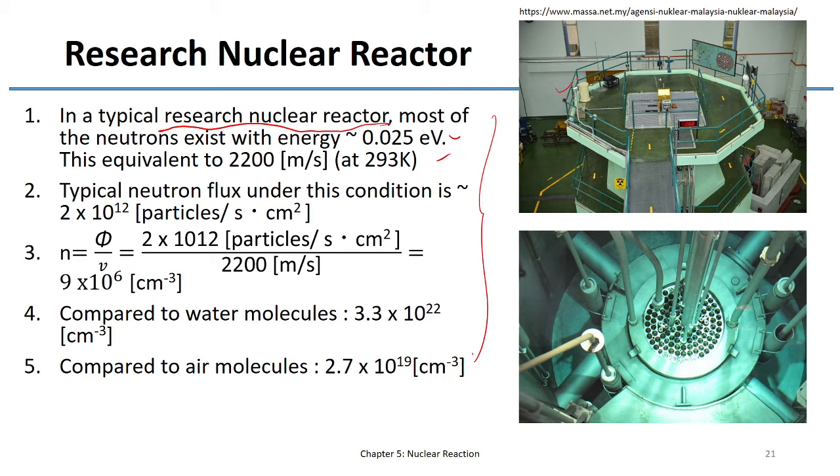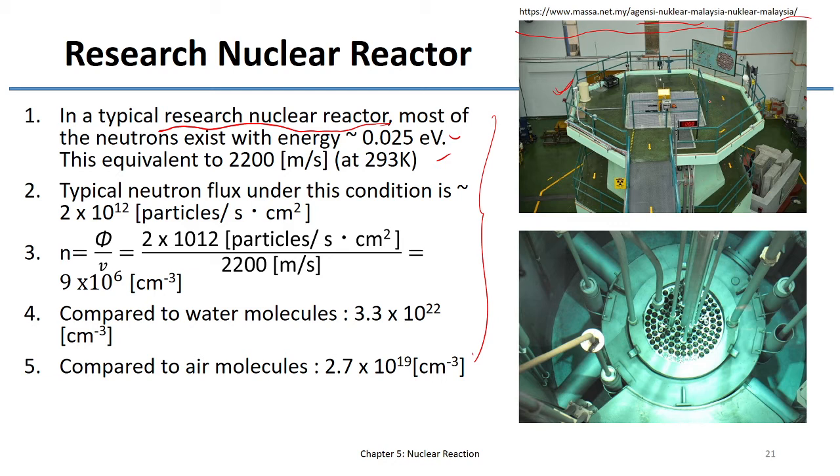And by the way, the figure here is the one and only nuclear reactor in Malaysia, located at the Malaysian Nuclear Agency. You can visit the web. Okay, so this is the actual image of the reactor at the Malaysian Nuclear Agency.